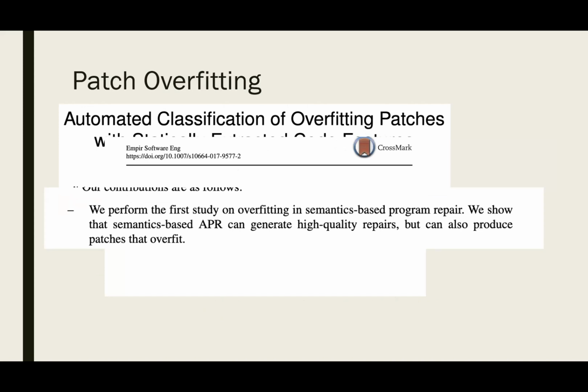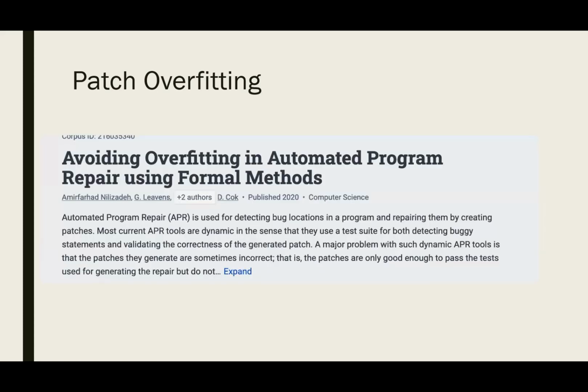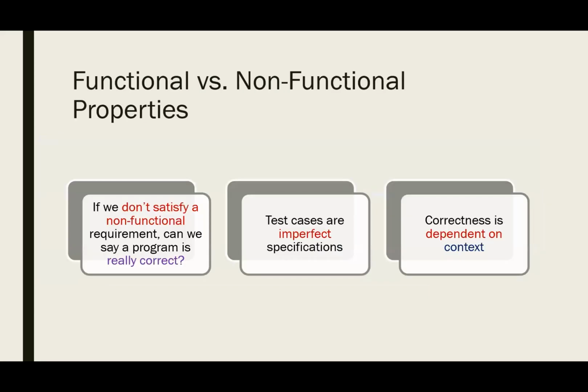I'm going to argue that maybe that's okay, because those semantics are important, and they're telling us what the program should do, and we may have to overfit to actually fix some of these programs. So I'm going to let you think about that a bit more. And then, of course, there's more here on avoiding overfitting using formal methods.